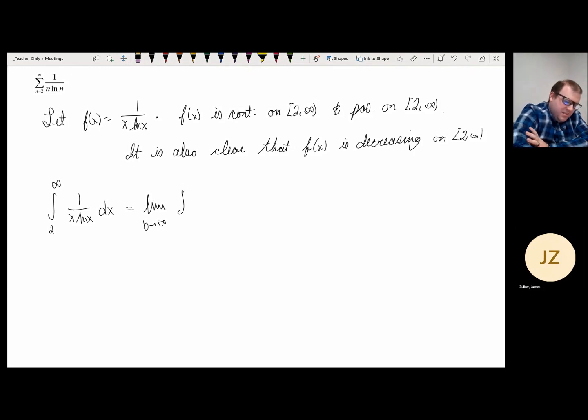It's not 1. All right, the only thing that makes this integral improper is the fact that it's an infinite interval, right? There's no discontinuity.